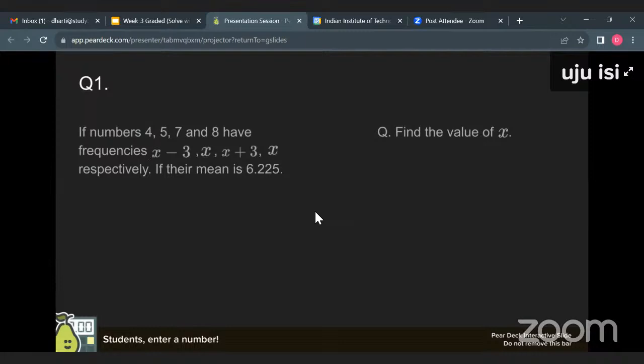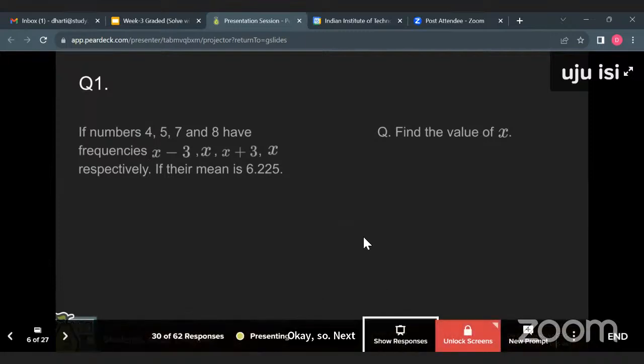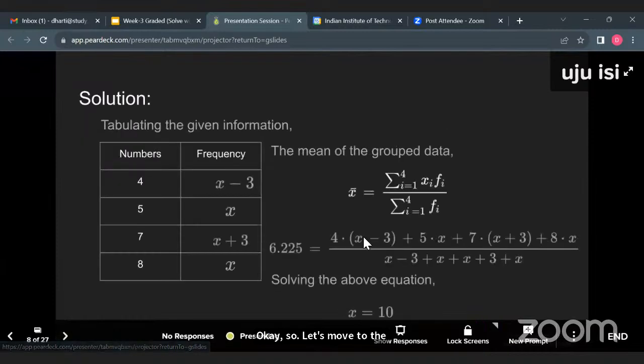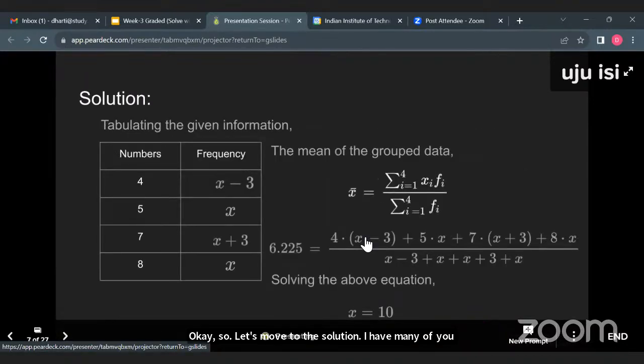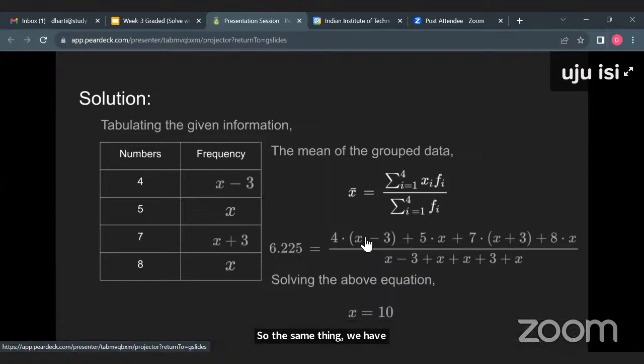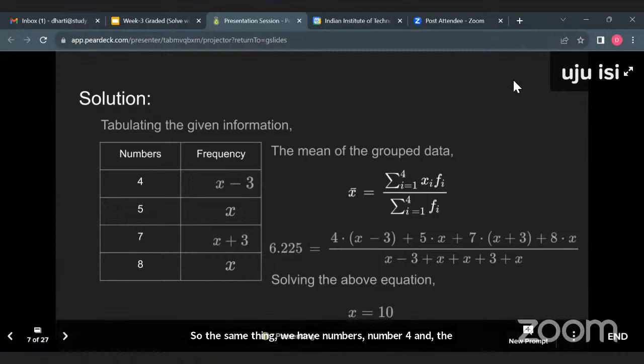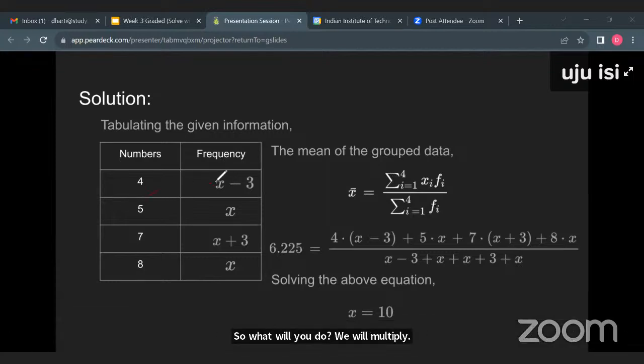Okay. So let's move to the solution. I hope many of you have answered correctly. The same thing: we have number 4, and the corresponding frequency for 4 is x minus 3. So we will multiply 4 with x minus 3 and then add the next number 5 with its frequency, then next number 7 with its frequency, as we have done here.